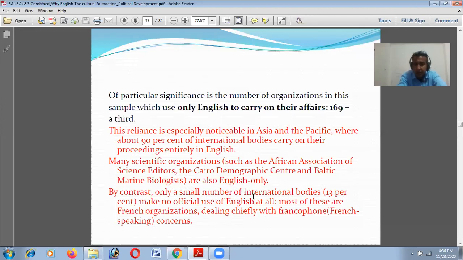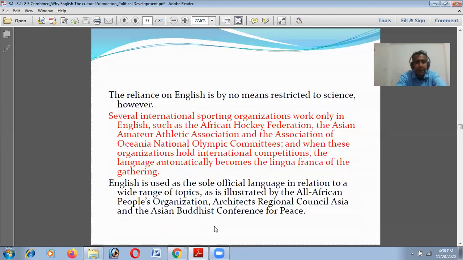By contrast, only a small number of international bodies, 13%, make no official use of language at all. Several international sporting organizations like the African Hockey Federation, the Asian Amateur Athletic Association, the Association of Oceania National Olympic Committees. When these organizations hold international competition, the language automatically becomes the lingua franca, that is English.